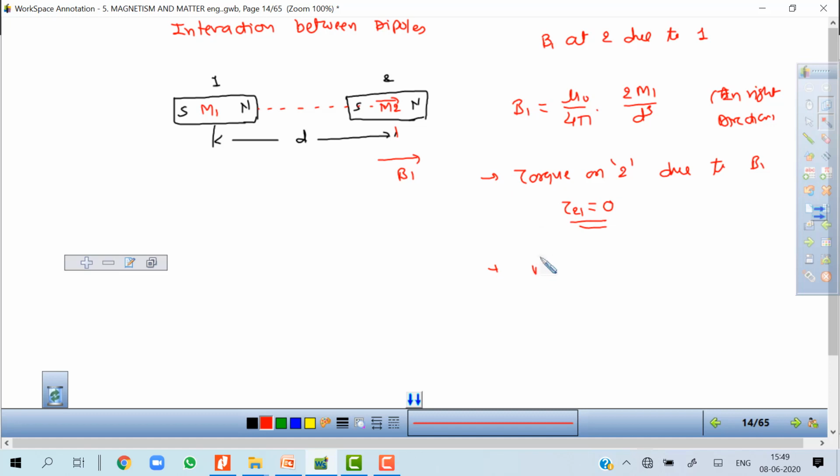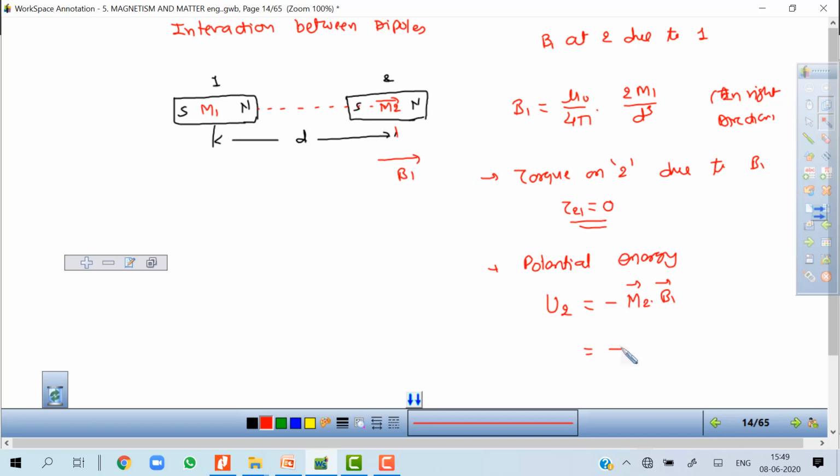What is the force though? To calculate the force, first I write the potential energy. The potential energy U2 is equal to minus m dot b, so m2 dot b1. Okay, so what is this direction? m2 and b1, so the angle theta is 0.